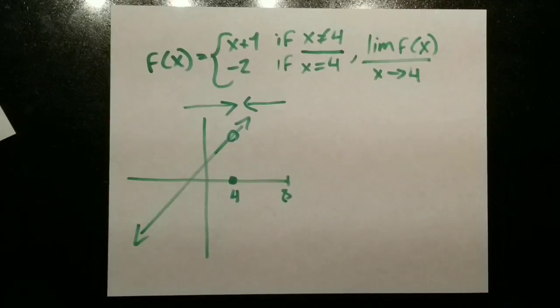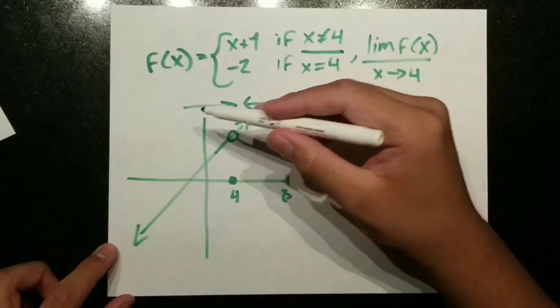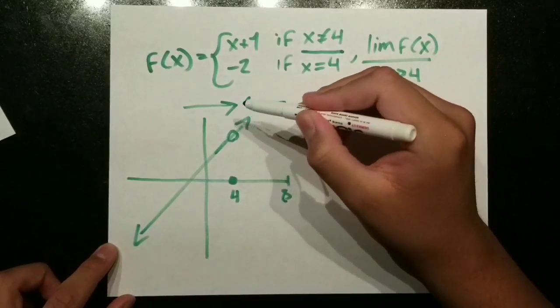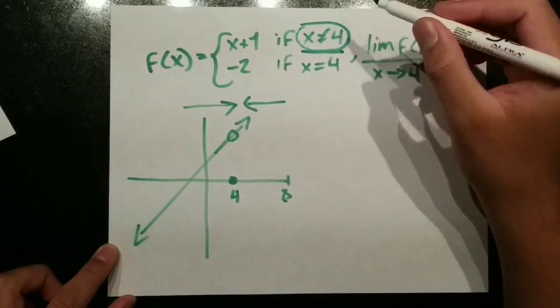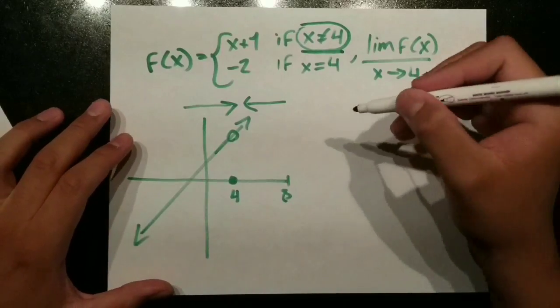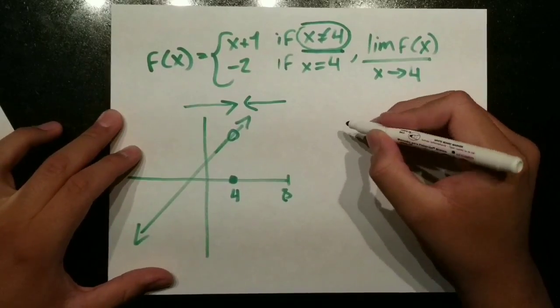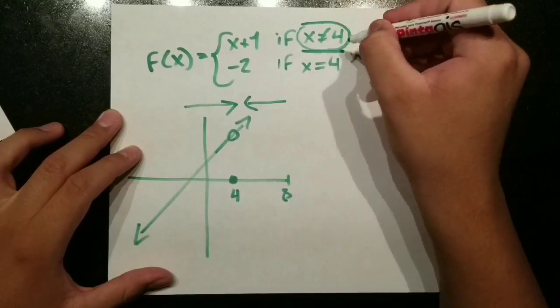So, as x gets closer to 4, but remains less or greater than 4, so x does not equal 4, then what number does the value of f of x approach? And to solve this, we have to substitute our value in this equation since x does not equal 4.